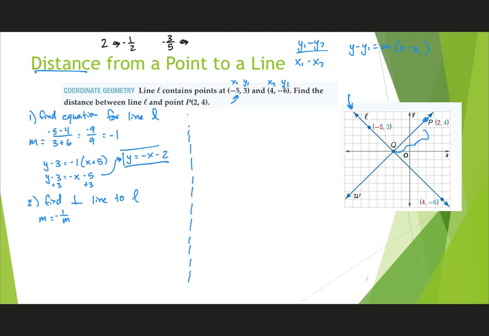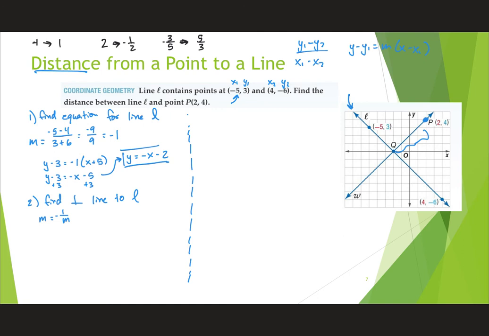I didn't flip it. Okay, a positive 5 over 3. If my slope was 1, or -1, then my perpendicular slope would be a positive 1. Okay, so in order to find the perpendicular slope, you're going to flip the original slope and then negate it.